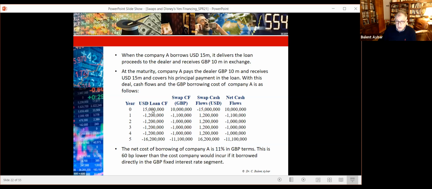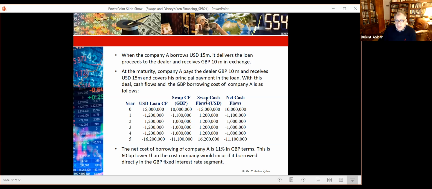In the swap deal, the company is going to receive 10 million pounds from the swap dealer in exchange for a 15 million dollar payment, and periodically will make 1.1 million pound payments throughout the swap deal, and eventually will also pay back the swap principal of 10 million.